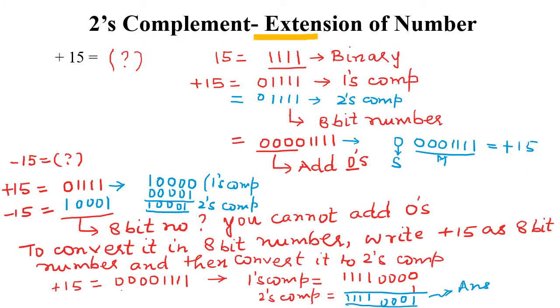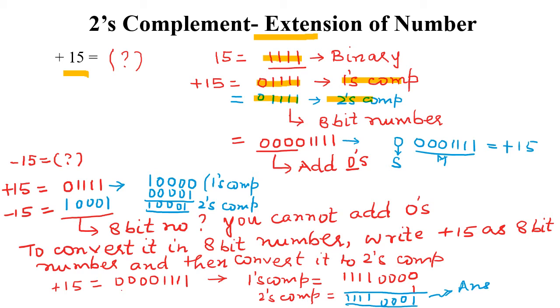Extension of a 2's complement number. Now, plus 15: to write plus 15, we first write the magnitude of 15, which is equivalent to 4 ones. To convert it into plus 15, we add a 0 in front of it, which is 0 and 4 ones. This is the ones complement value and this is also the 2's complement value. There is no change in ones complement and 2's complement value.